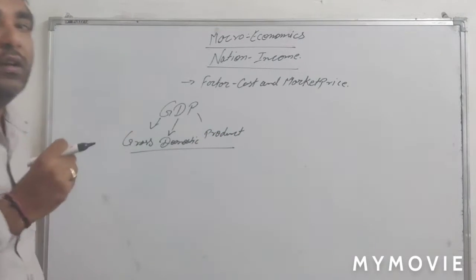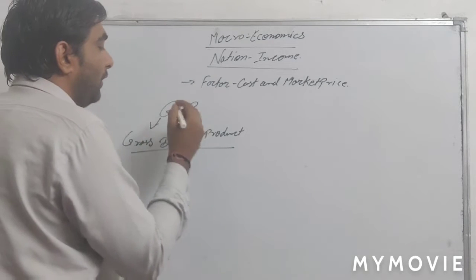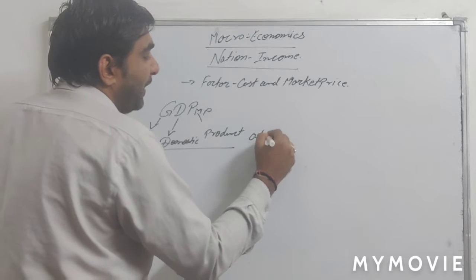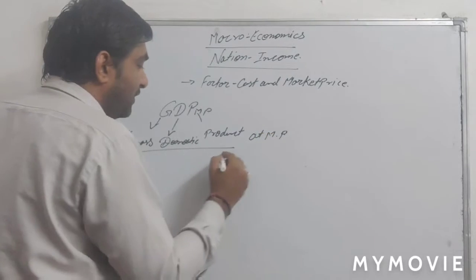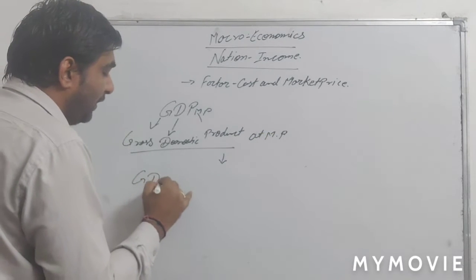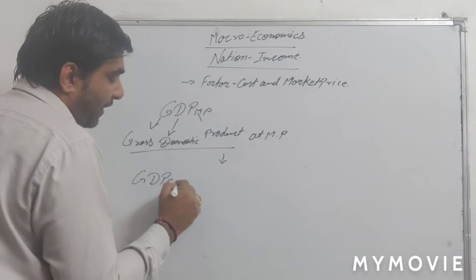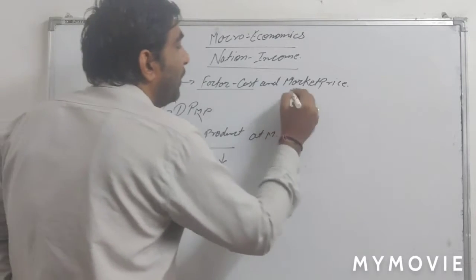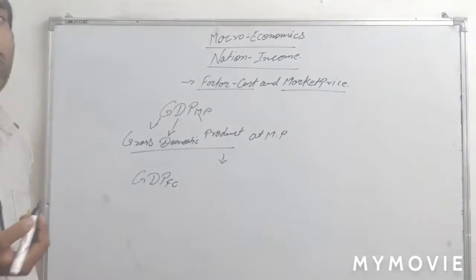If we give it in MP, market price, we can convert GDP to FC, that is factor cost. So first, we start with the topic of market price and factor cost.